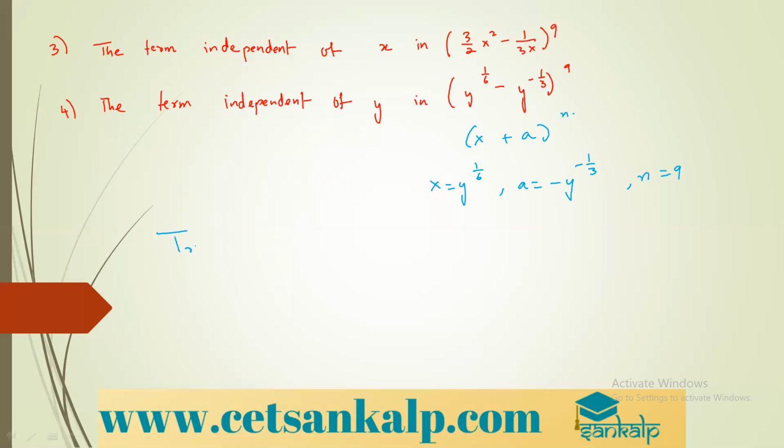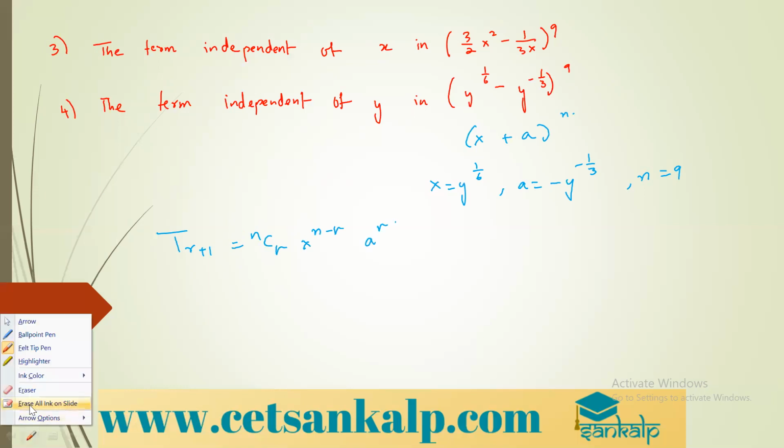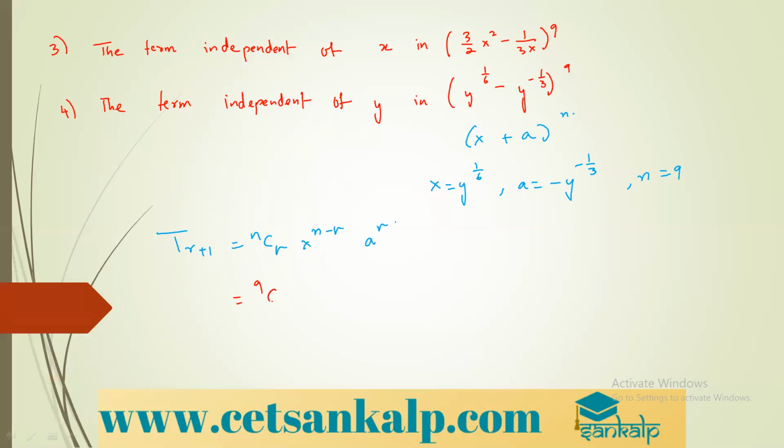The general term formula is T r plus 1 equal to nCr x power n minus r a power r. So in this general term, I will write n as 9, r I don't know, x as y power 1 by 6 whole power 9 minus r, r I don't know, a is minus y power minus 1 by 3 whole power r.